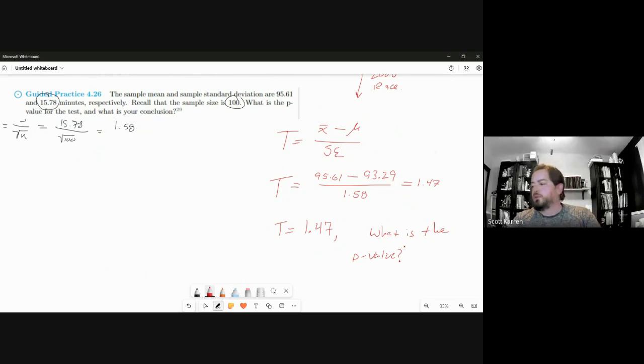Okay. So again, if we go back to the T chart, right? It's hard to find what that value is.